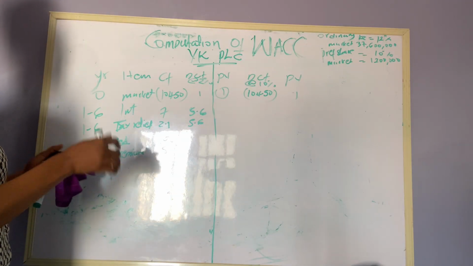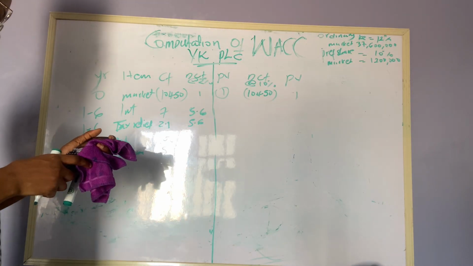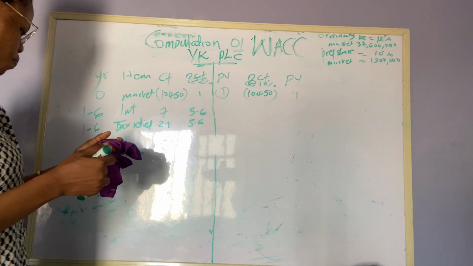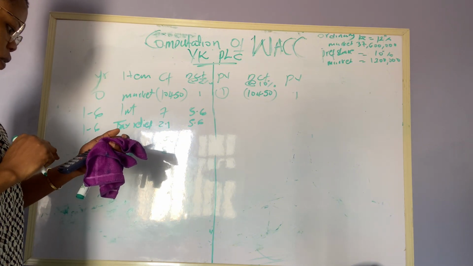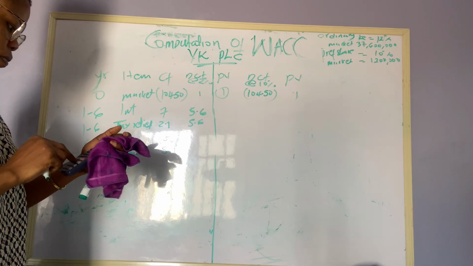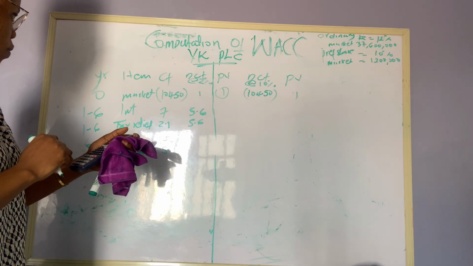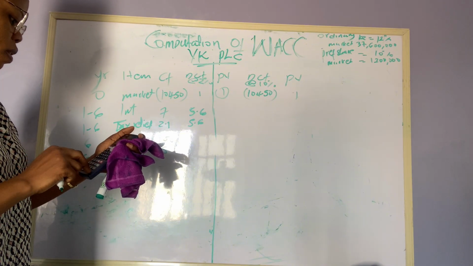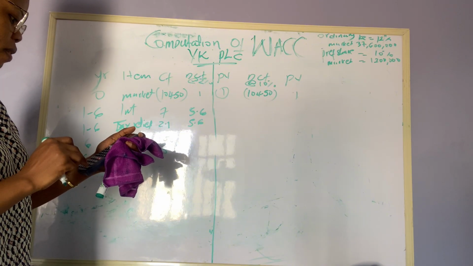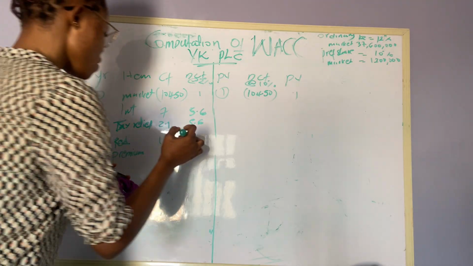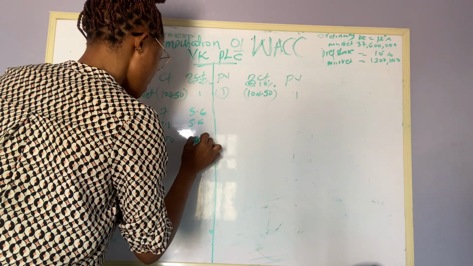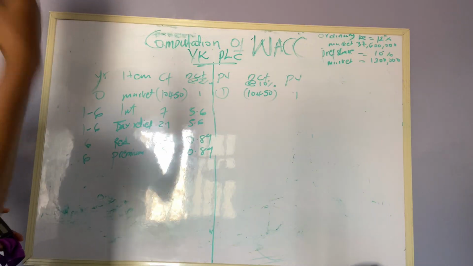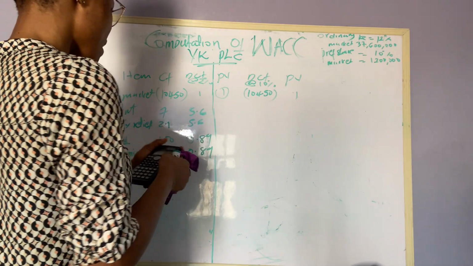We're going to use just year 6, which is (1 plus 0.02) raised to power minus 6, giving us 0.89.